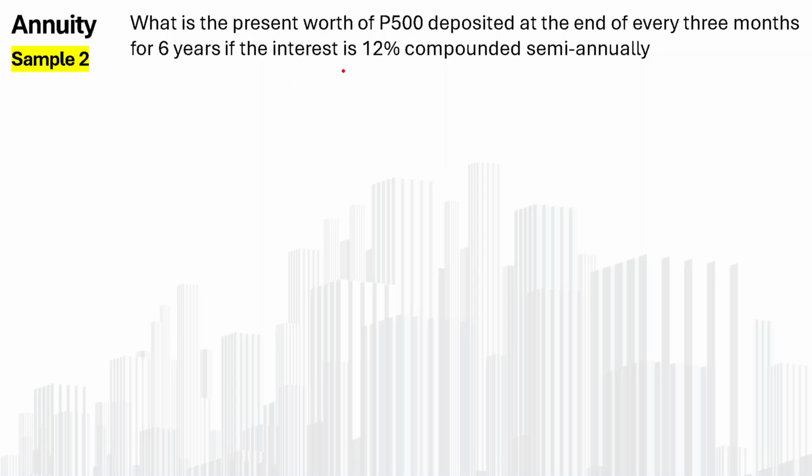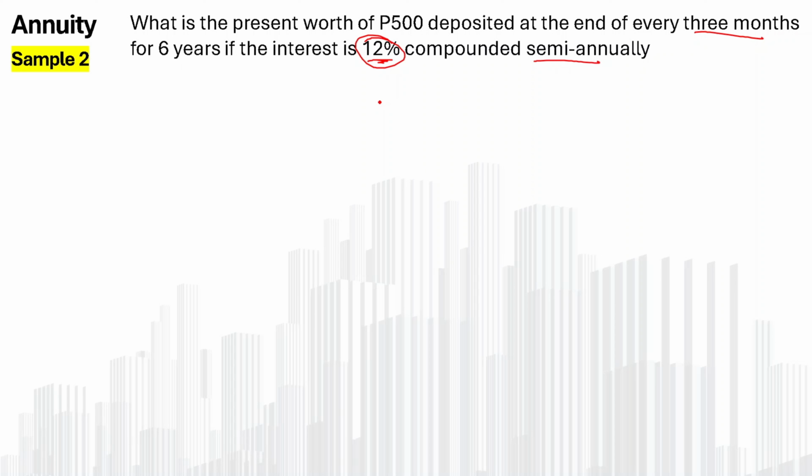But wait, is the interest rate we'll use correct? I don't think 12% compounded semi-annually matches the per quarter period. So our first step is to determine what our interest rate per quarter is. It doesn't match here. Fortunately, there's a relationship with the effective interest rate, and we know there's an equivalent for 12% compounded semi-annually. You can also find your effective interest rate.